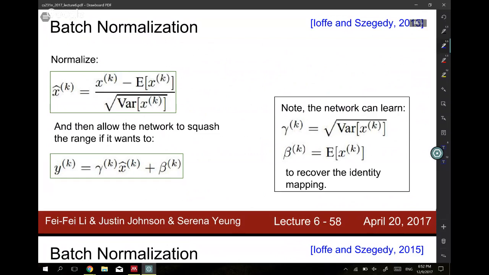Also, in fact, usually this comes after the convolution layer. It turns out that scaling and shifting can be analytically applied to the conv layer. So you don't really have to compute it.